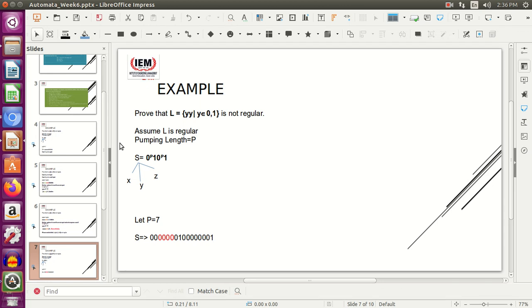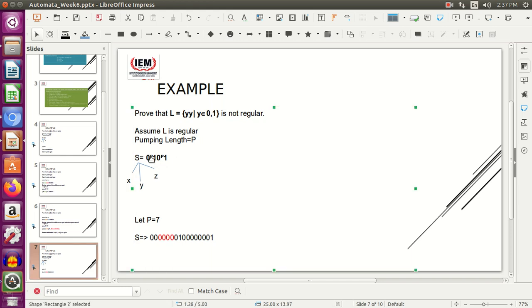So, first step, assume it is regular, assume a pumping length, and here again we are assuming the pumping length to be 7. And the string that we have to consider, write it in this form: 0 to the power p, 1 and 0 to the power p, 1. Why? Because we already know that the form should be maintained, that is a sequence of y followed by the same sequence of y.